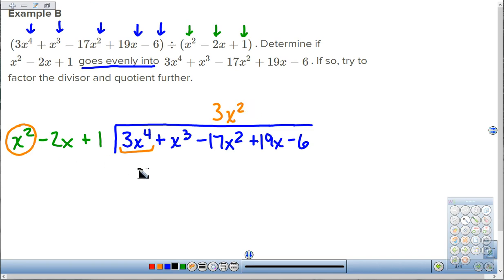3x squared times x squared would give me 3x to the 4th. 3x squared times negative 2x would give me negative 6x cubed. 3x squared times 1 is positive 3x squared.